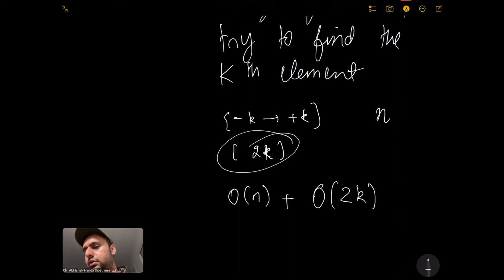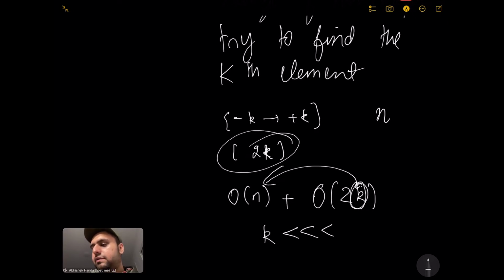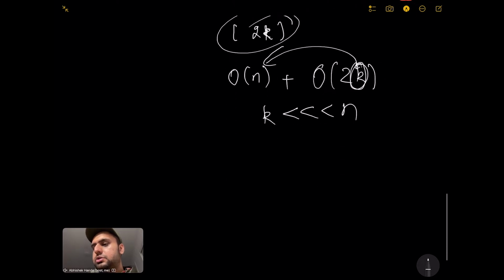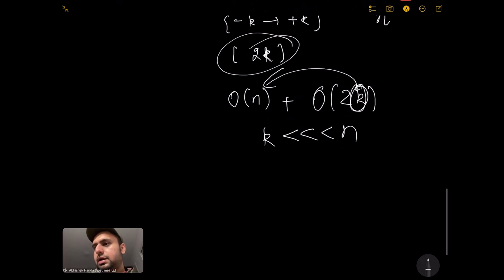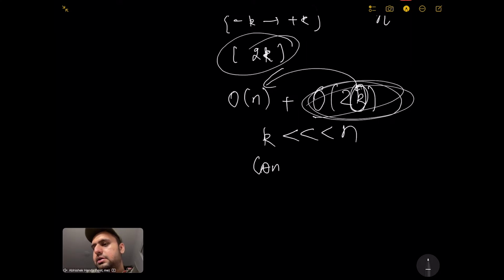So it clearly depends upon k, how it is related to n, right? If k is far less than n, I can take this term to be roughly constant and ignore it. Then this algorithm will become order of n.